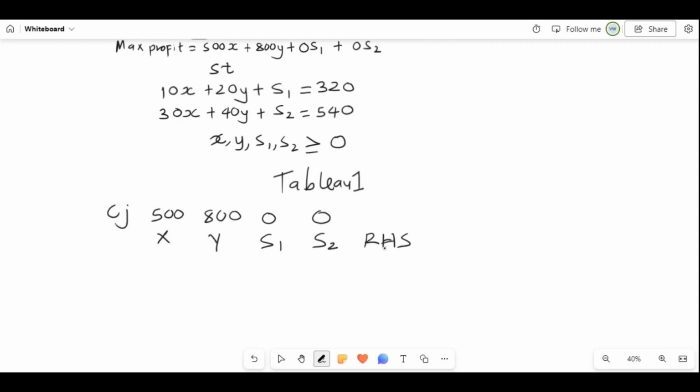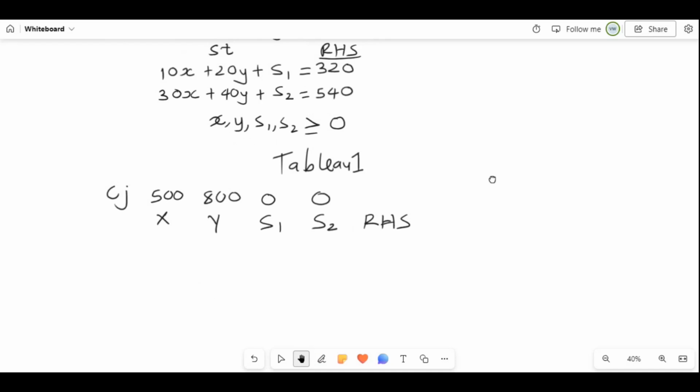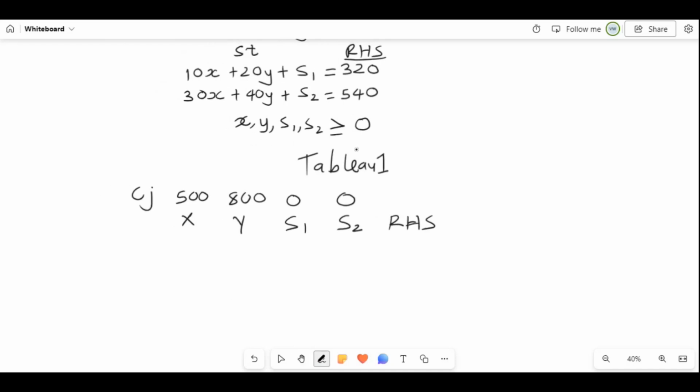RHS represents the right-hand side values. So if you go back to our constraints, the 320 and the 540 are the right-hand side values. And because in our objective function we don't have right-hand side values, we don't expect to have anything there.